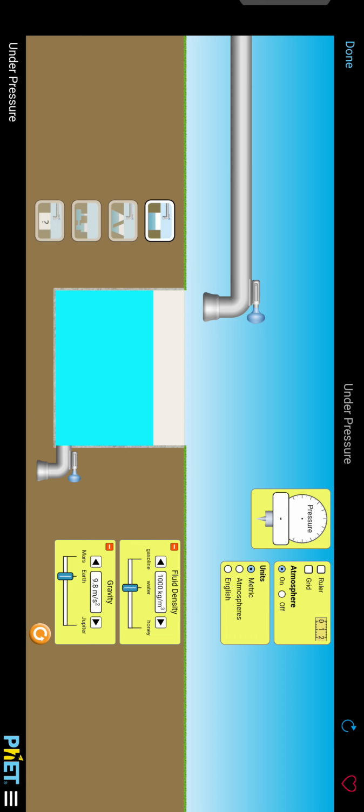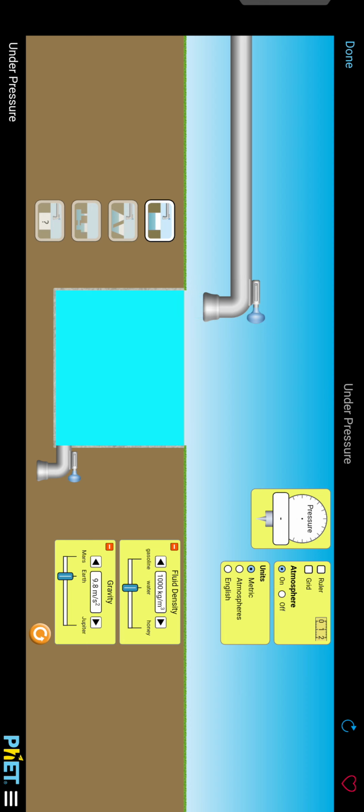We can also adjust the gravity, so let's use Earth's gravity, which is 9.8 meters per second squared. We can use these buttons to fill and to remove fluid or water.